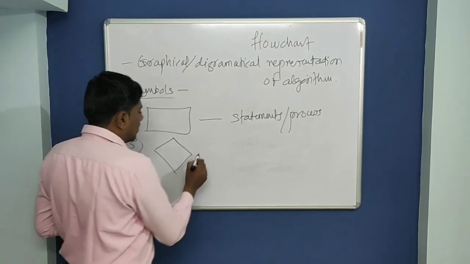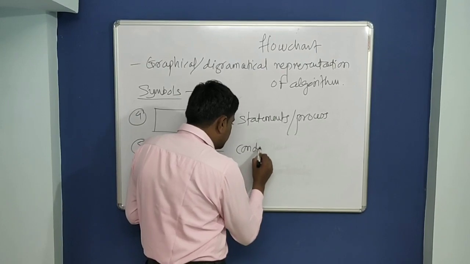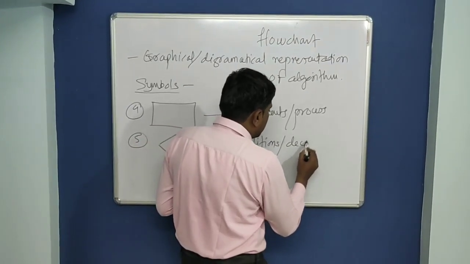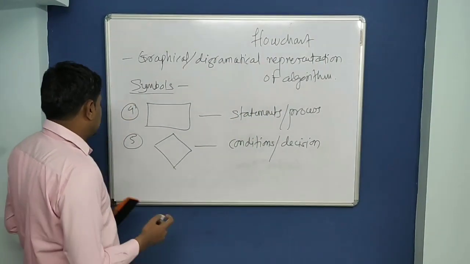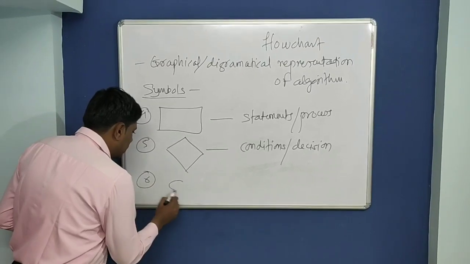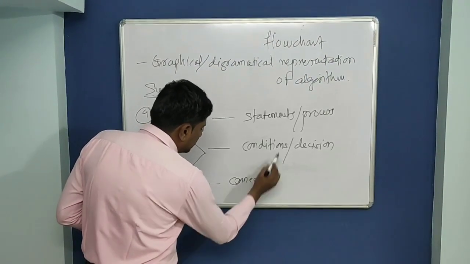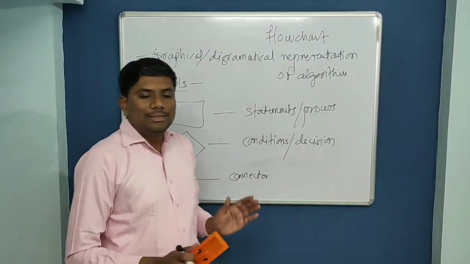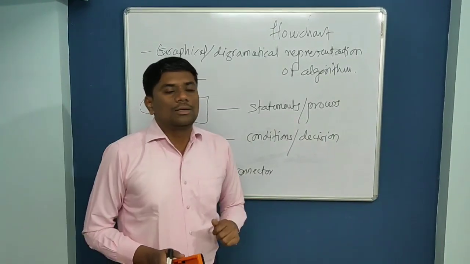Diamond is used to represent the conditions or decisions. And the last one is simple, it is a connector symbol. So generally these 6 symbols are mostly used in flowchart concept.